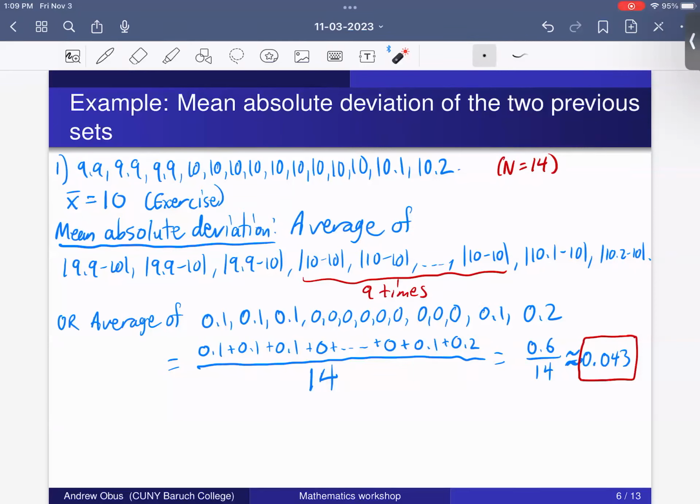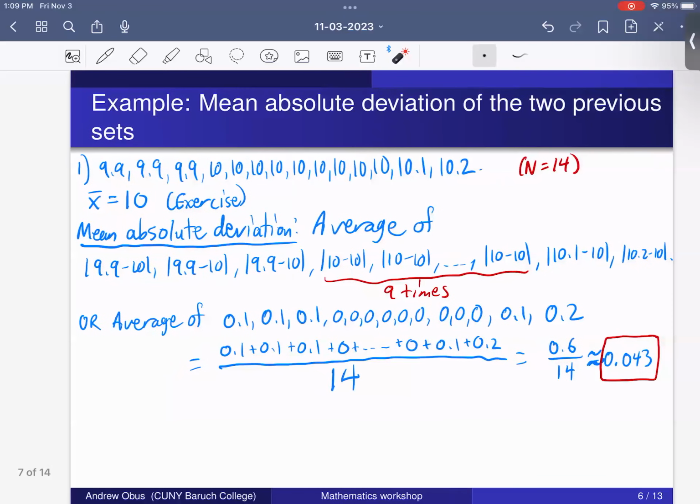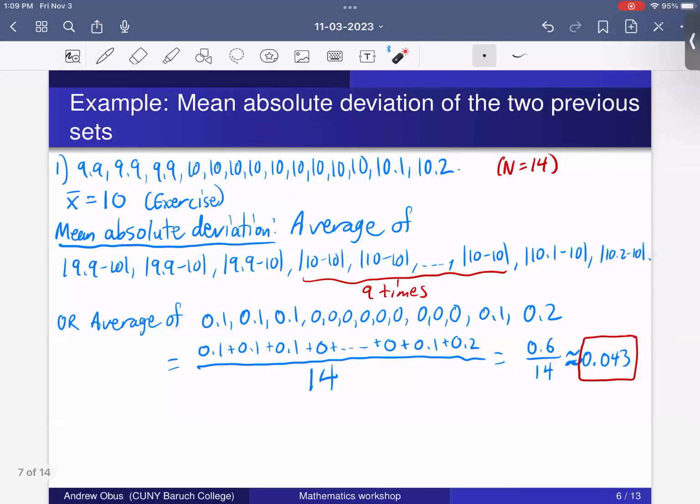When you subtract the mean from each of the entries, how do we refer to this 0.1, 0.1? You could call them the absolute deviations. That's why it's called mean absolute deviation, because each one is an absolute deviation, and then you're taking their mean. Okay. Thank you. You're welcome.